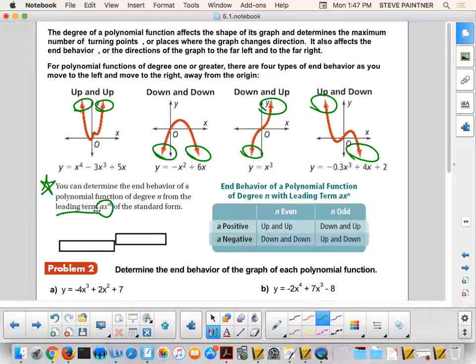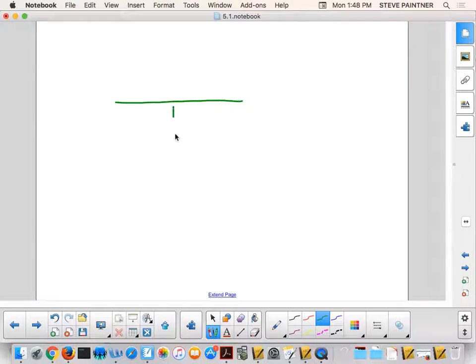What's the leading term? The one in the front. If it's in standard form, it's the one in the front. What does it look like? ax to the n. Here's a little table that tells you what it does. I don't like this table because it's too wordy. So I'm going to draw you a quick picture. You can read that, or you can draw the picture next to it. Here it goes. What they're telling you is this.